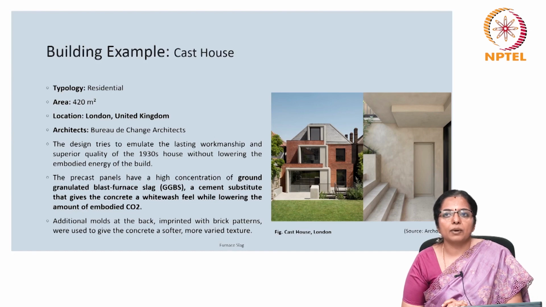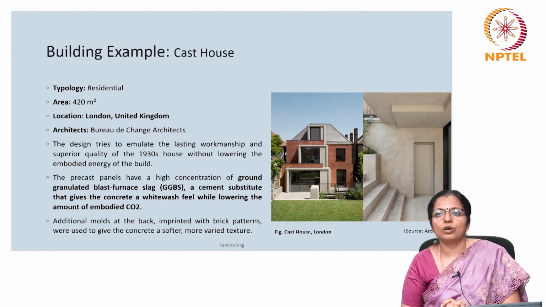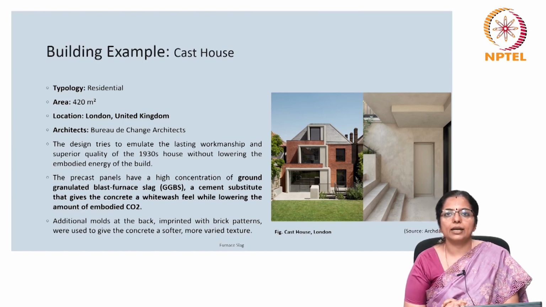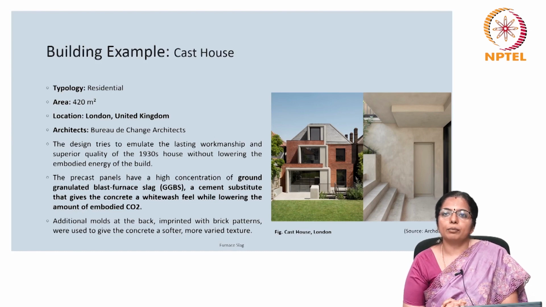The precast panels used in construction bear a high concentration of ground granulated blast furnace slag, a cement substitute that not only imparts a distinctive whitewash feel to the concrete but also actively reduces embodied carbon dioxide, showcasing a commitment to eco-friendly design.